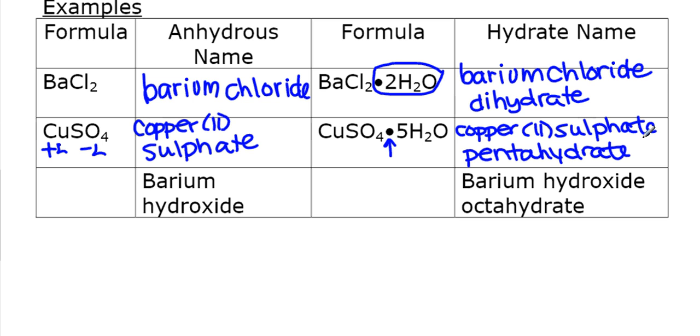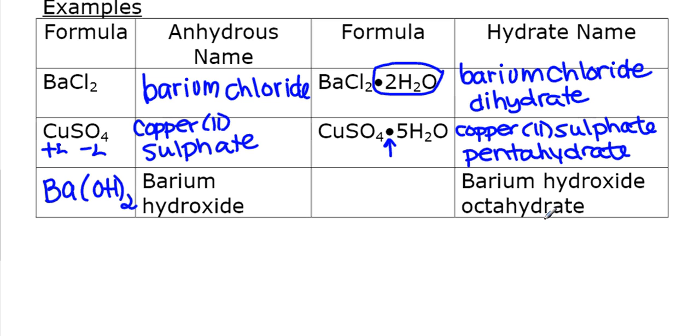Last one, barium hydroxide on its own. Straightforward polyatomic compound, Ba(OH)2. Now here we want to name it as a hydrate, so you'll notice the first part of the name is the same over here, but again we have that hydrate in there.